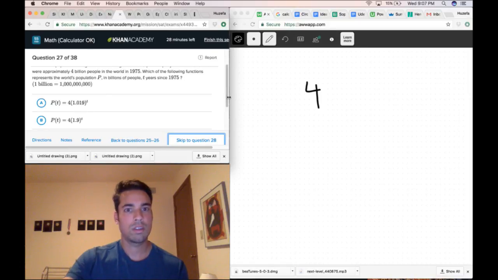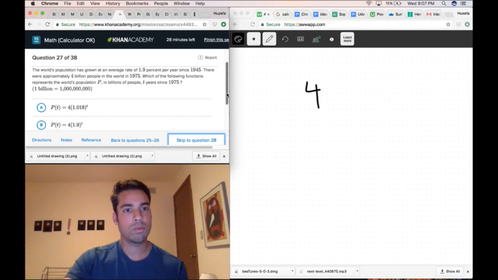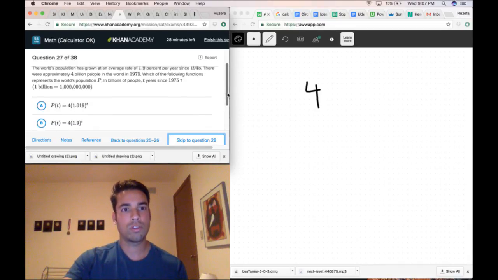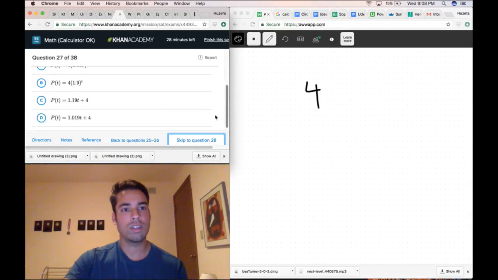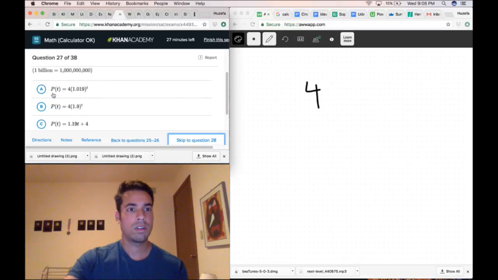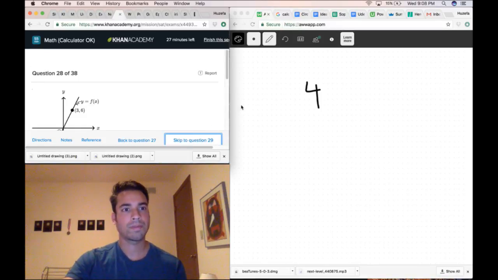Each year it's 1.9%. So at t equals 0, it's just 4, which is 1975. At 1, it would be 1.9% plus what its current is. That's why you have the 1 here. And so on and so forth, 2, 3. The others are linear equations, which is totally wrong, and it doesn't even make sense. You're multiplying it by 1 year. At 1 year, it would already be 5.19. Here, same thing. So it absolutely only makes sense for A.